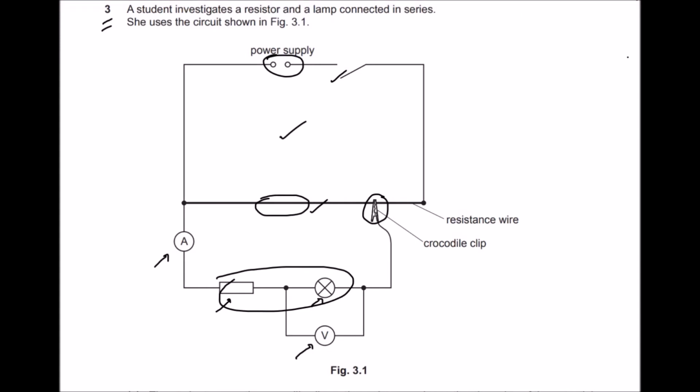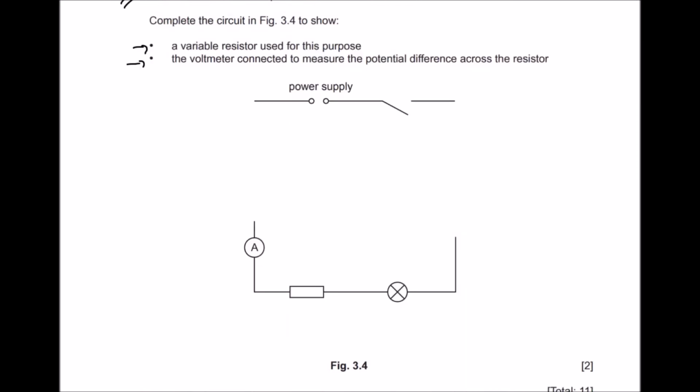Now you need to replace this wire with a variable resistor. So what would be the position of the variable resistor? You need to complete the new circuit. You can complete your circuit like this. On this side you can use your variable resistor.